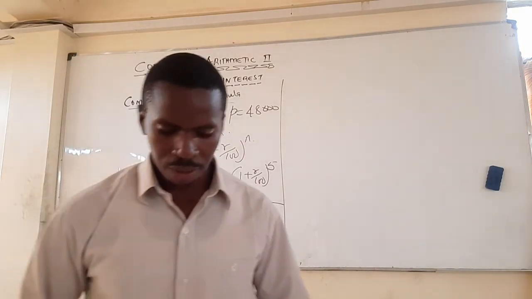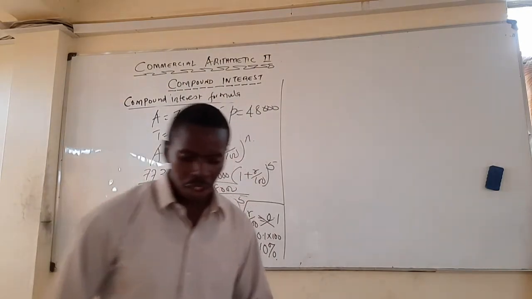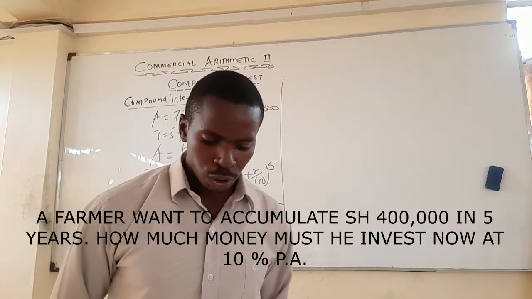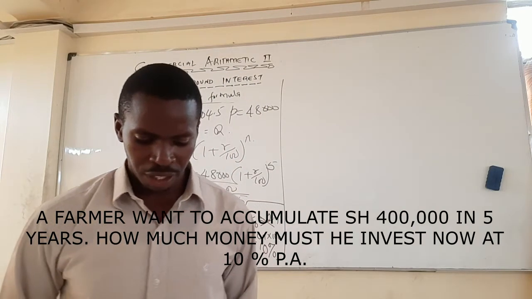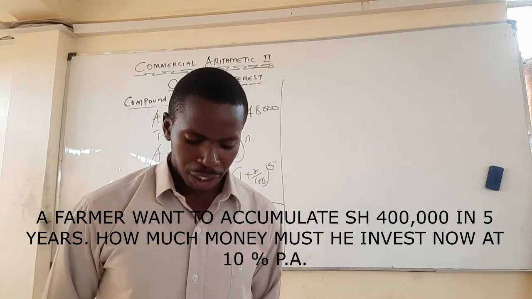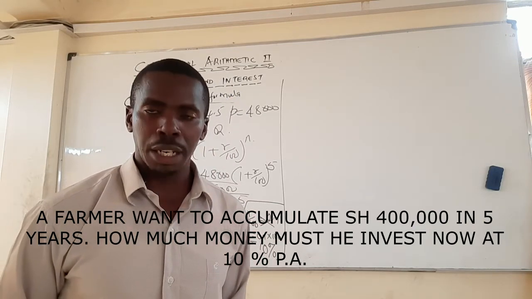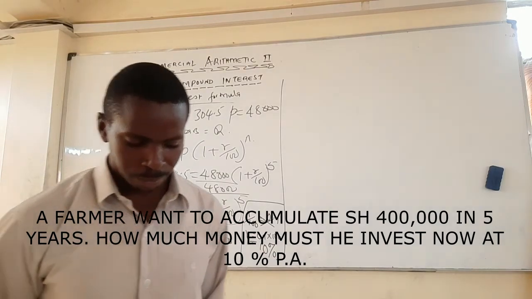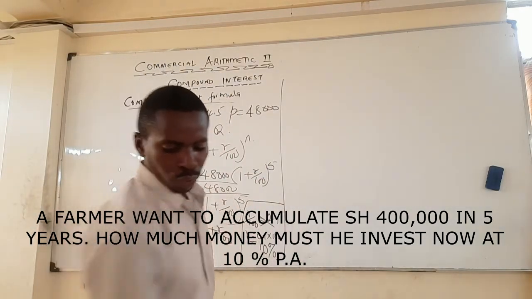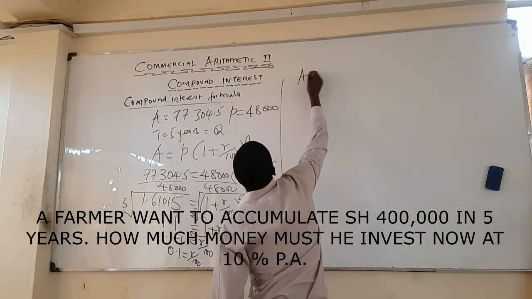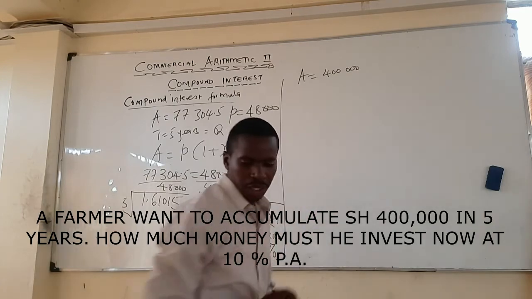Let's look at now our last example. Example 4. It reads, a farmer wants to accumulate 400,000 in 5 years. How much money must he invest now at 10% per annum? So we have a farmer here who wants to accumulate an amount of 400,000. So the amount here we want to accumulate is 400,000.